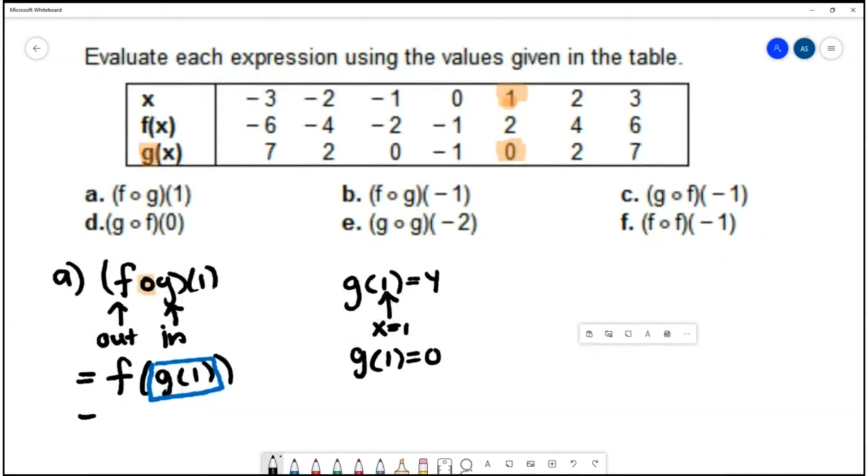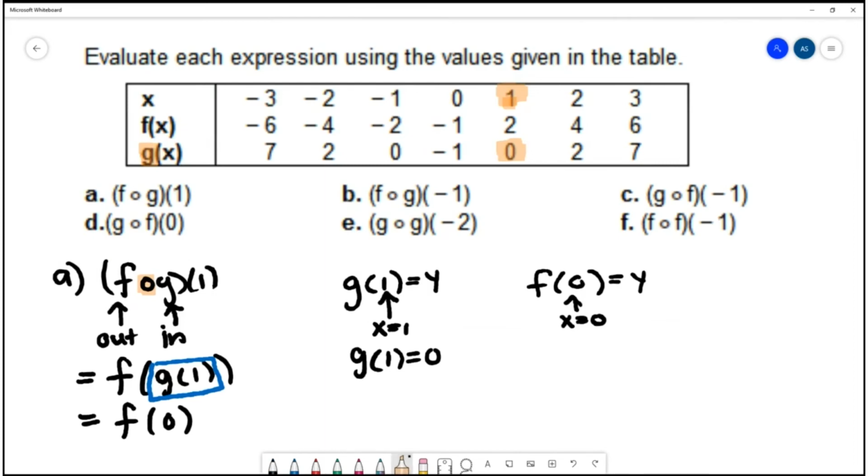So we can simplify this now. We know that g of 1 is 0. And then we can focus on the notation f of 0. We know that x is equal to 0, and f of 0 is referring to the y value.